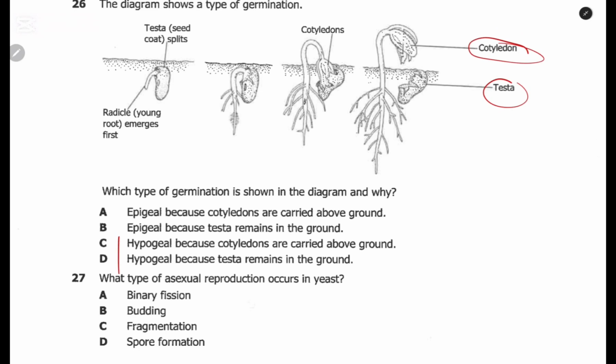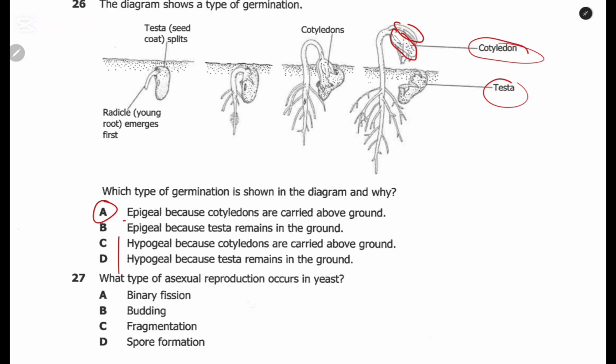And therefore, we cancel C and D, we go for A and B, and now let us look at the correct answer. It is epigeal germination, and the reason is that the cotyledons are carried out above the ground. The cotyledons are these, so they are carried above the ground, and that is why it is epigeal germination.